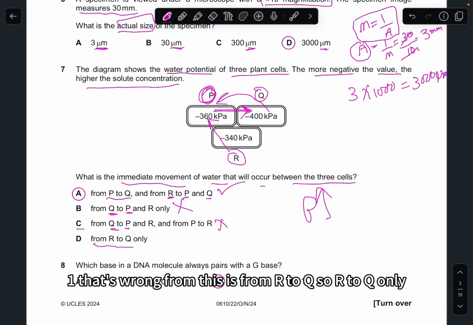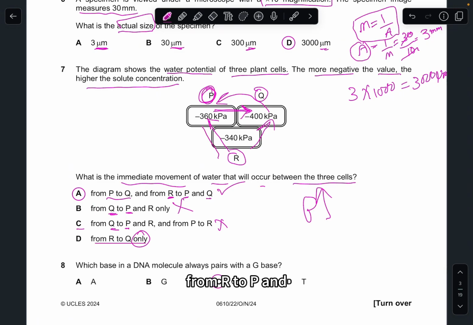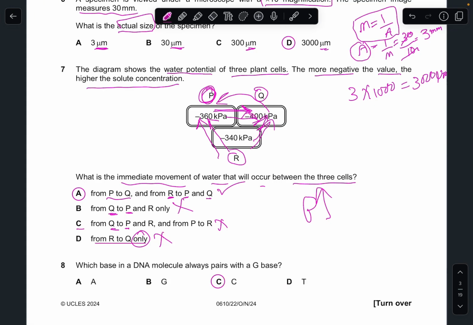D says from R to Q only. That's also wrong because water moves from R to P and P to Q, so R to Q only is not right. R has the highest potential, then P, and the lowest is Q.